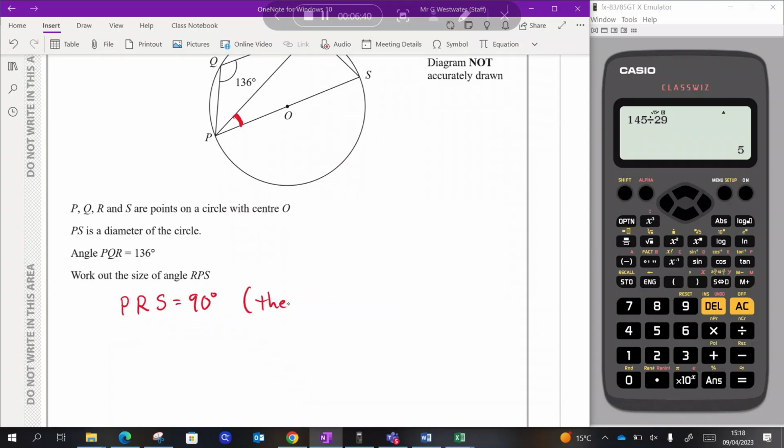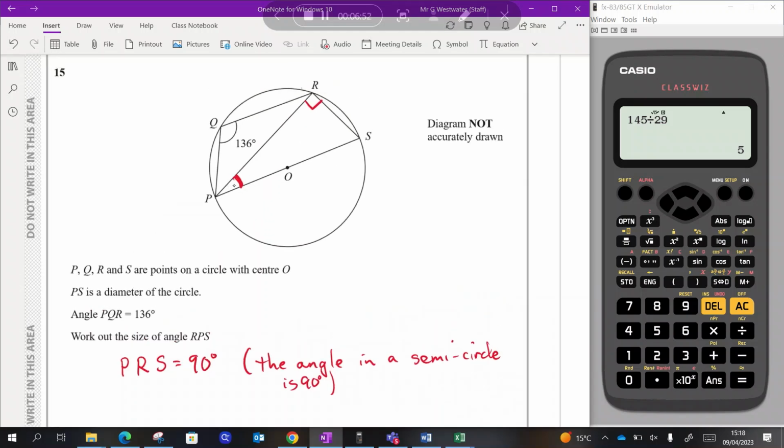So the angle in a semicircle is 90 degrees. Okay, and I guess the other thing I need now to work out this one is this angle over here, ideally. So now I'm actually going to think about this as a quadrilateral.